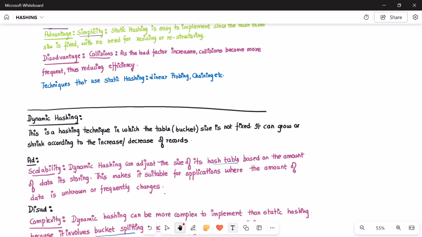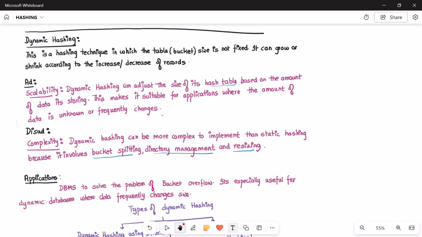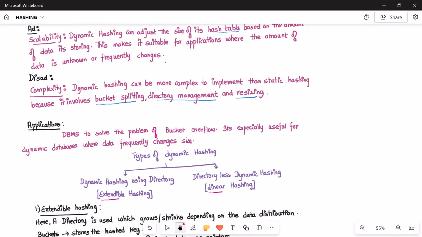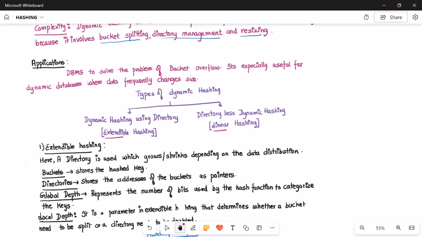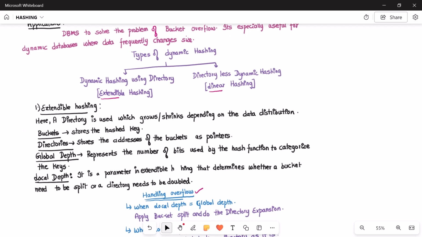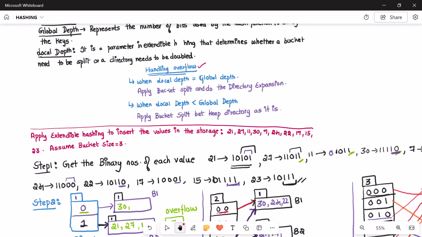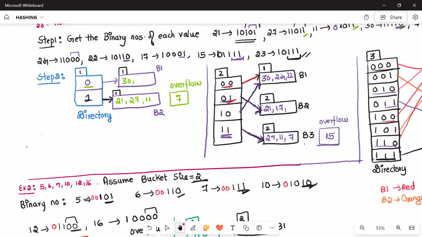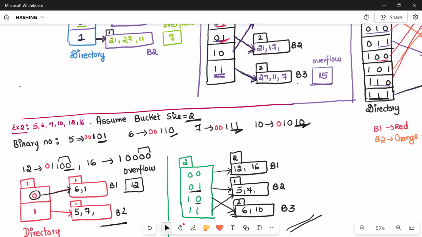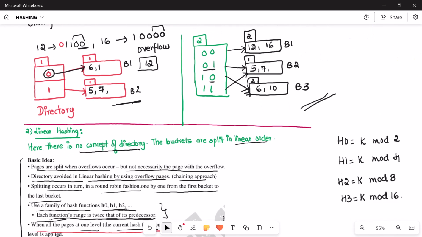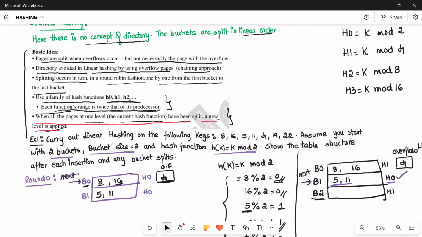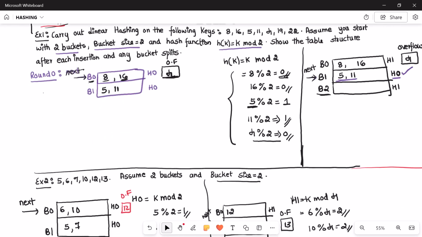Dynamic hashing, what it is, its advantage, disadvantage and applications. Types of dynamic hashing, in that we had extendable hashing. We looked at the terms, what happens when the overflow occurs, and we took up some examples and saw how to do the extendable hashing. Linear hashing also we saw, and we took up two examples and saw how the linear hashing is taking place.